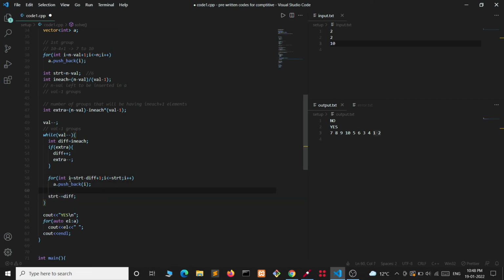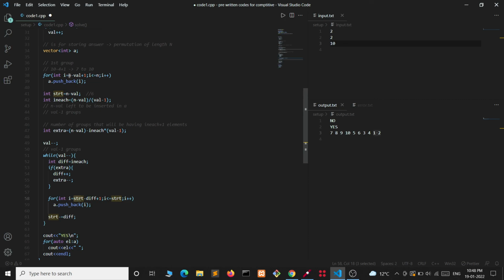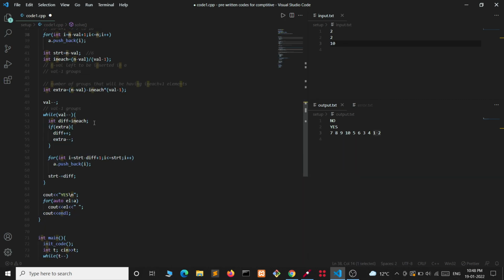After it we are doing this again. We run this loop, doing start minus difference plus 1 till start, and we are pushing the values in the array, and then we are decreasing start by difference, so that from 10 we can get to 6, and then from 6 we can get to 4, and from 4 we can get to 2. So this is the thing we have done.